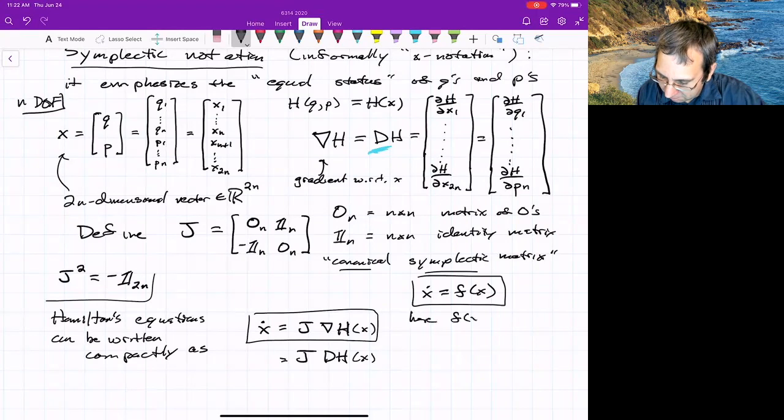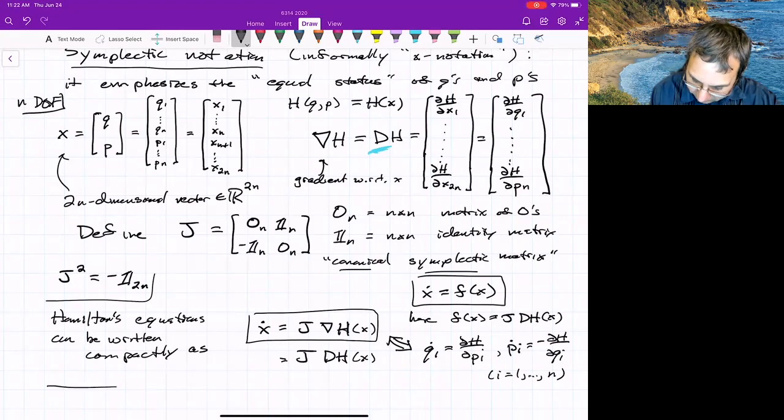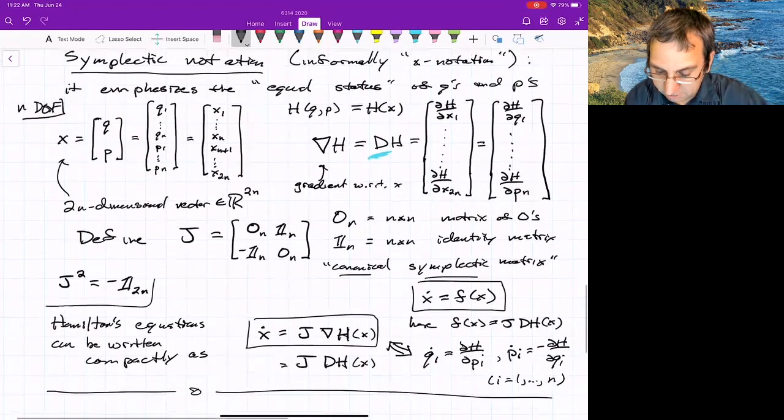Here, f of x equals J times the gradient of H. And if you were to work out what this is in terms of the original Q's, it's exactly what we would hope for. It's Hamilton's canonical equations, just written in a really nice way. This will be useful to us later, but I'll introduce it now because I did mention it last time.